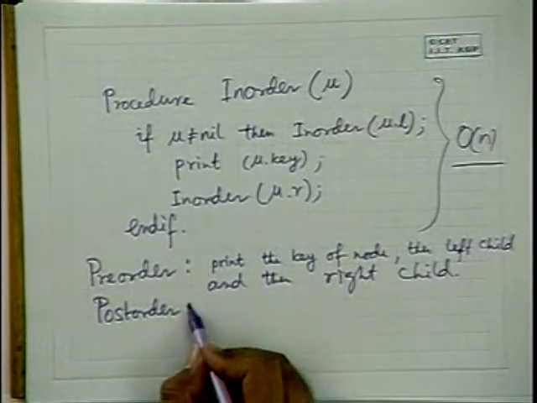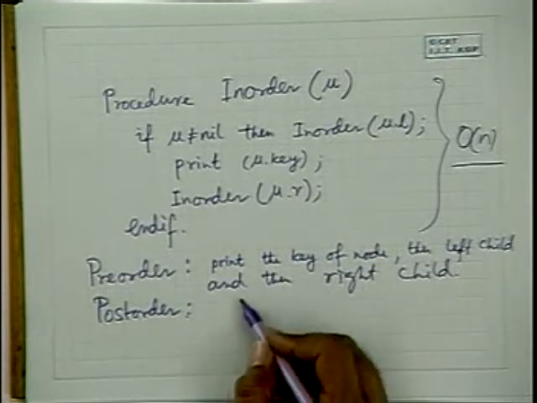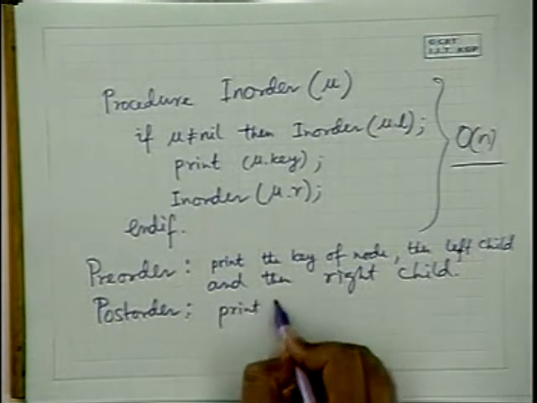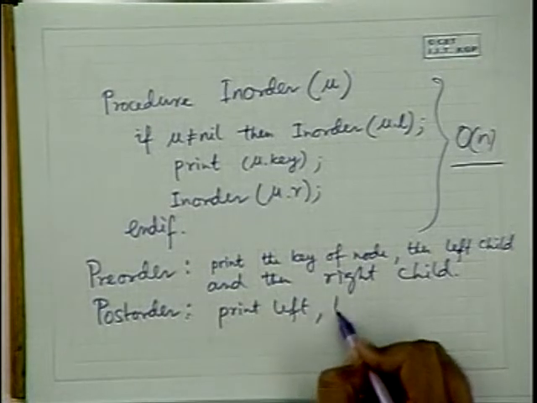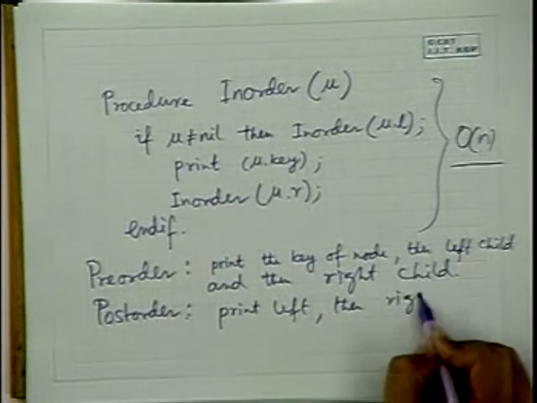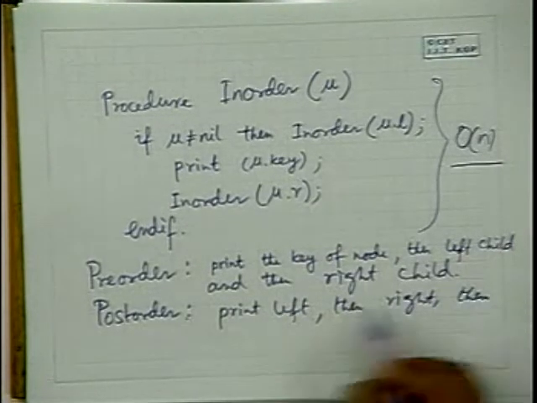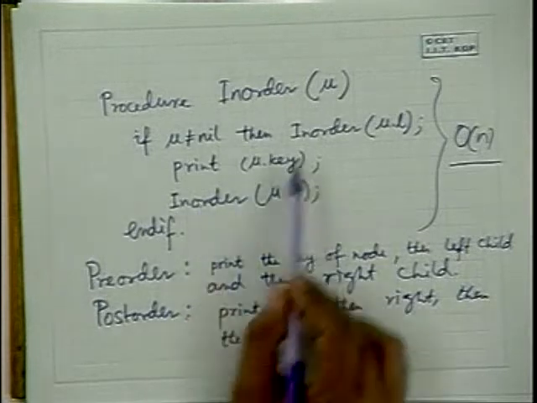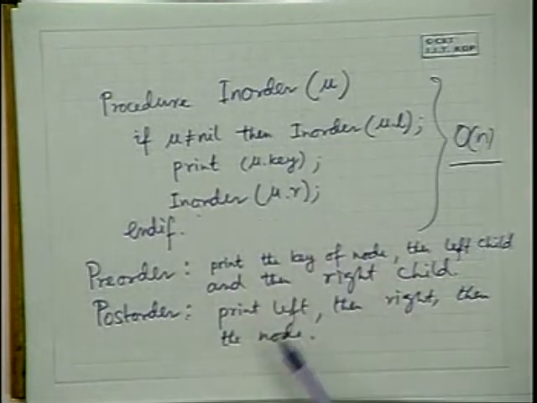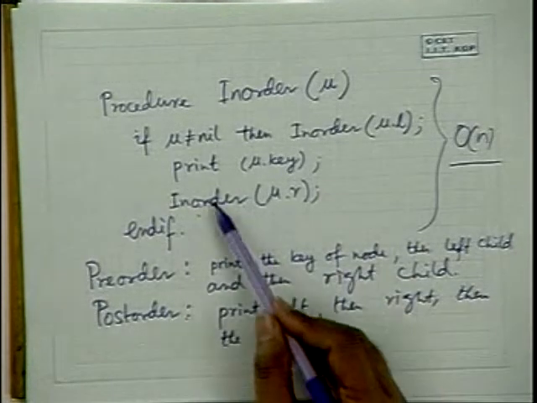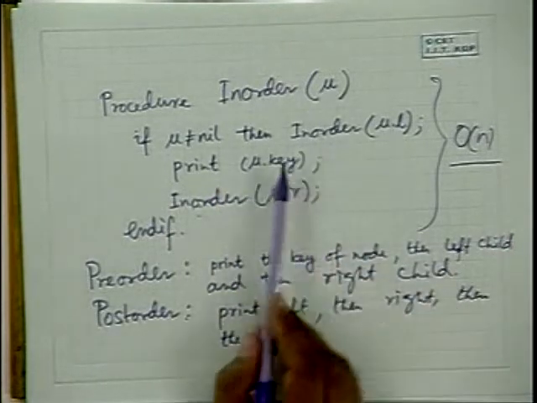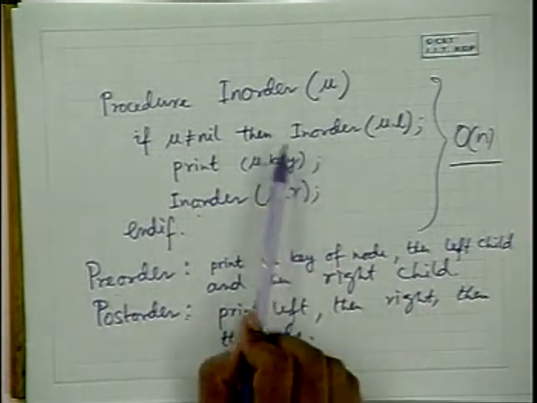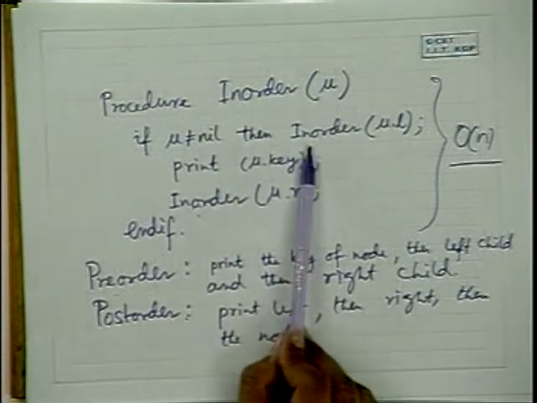So similarly, what should be the post? Just the opposite. So print left, then right, then the node. So basically, the order of this call should be regulated. So these three: print, in order, in this case. In case of pre-order, it should be pre-order mu, all this remains the same.